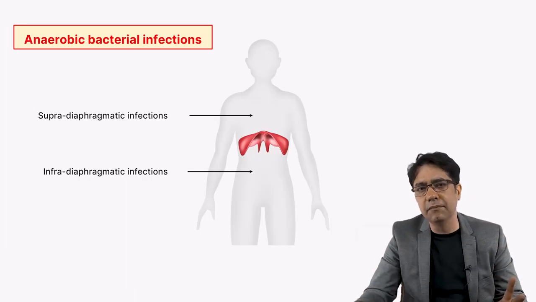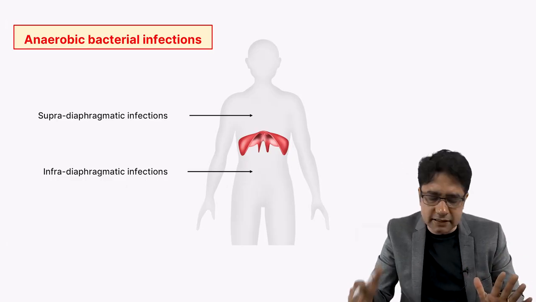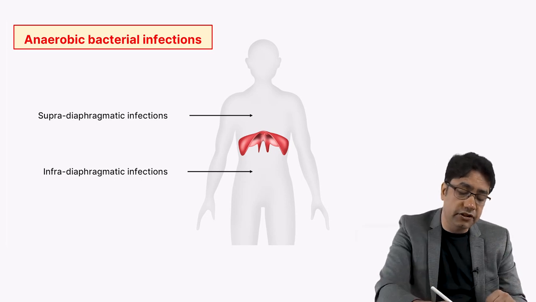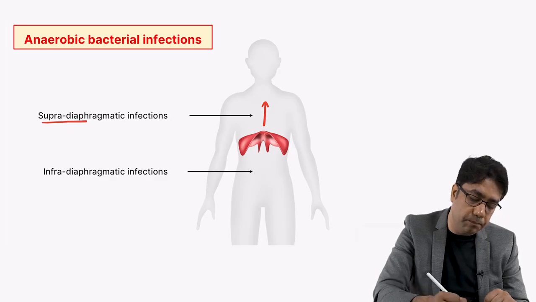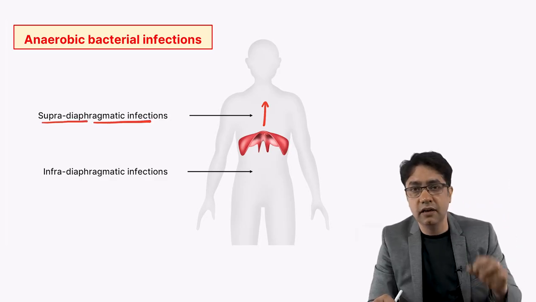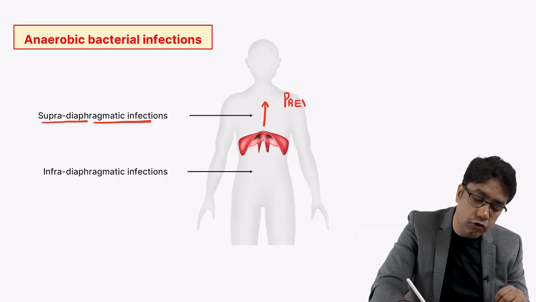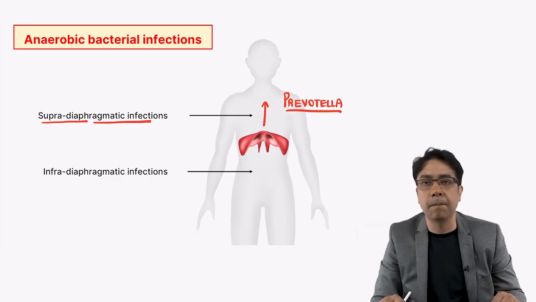Now let's make a summary of anaerobic bacteria. So for our ease, let's divide this anaerobic bacteria infection into two types. The first anaerobic infection which occur above diaphragm, can we call it as supradiaphragmatic infection? And the most common bacteria which causes supradiaphragmatic anaerobic infection is Prevotella.